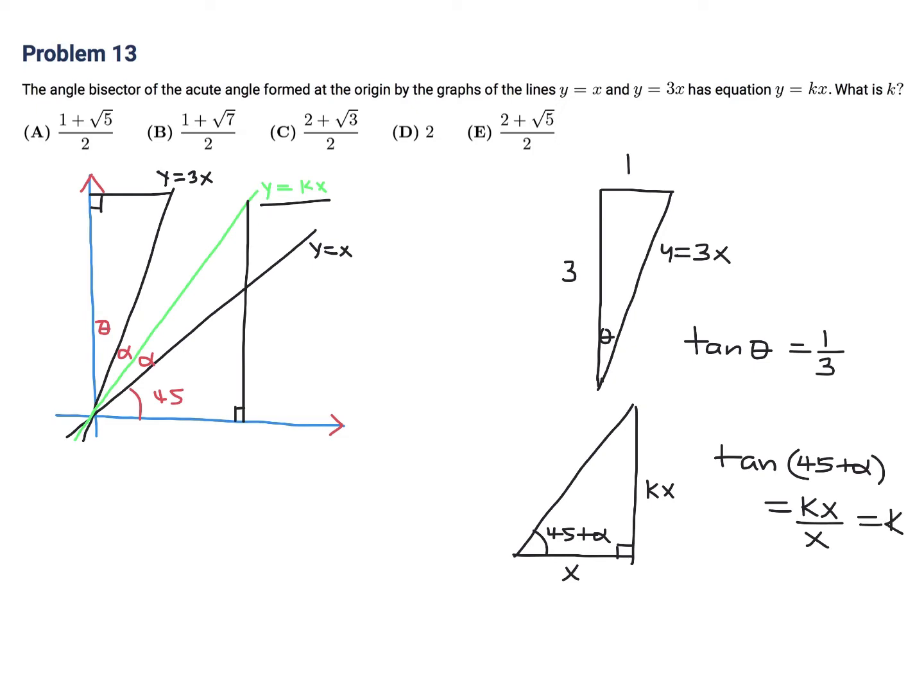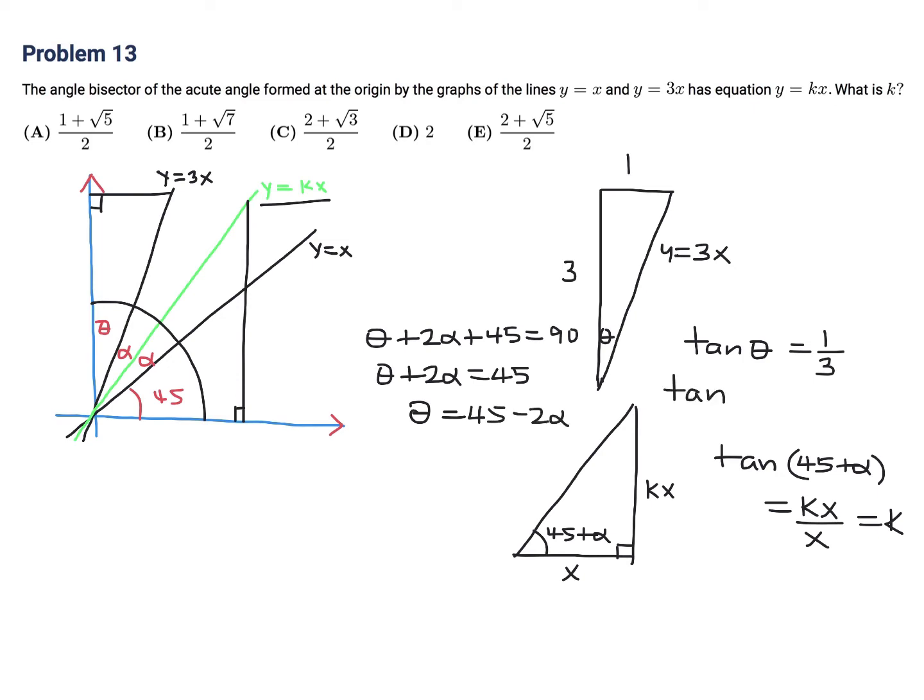Got it? Okay. Now, all of these angles add up to 90 degrees. So theta plus 2 alpha plus 45 is equal to 90. So theta plus 2 alpha is equal to 45, and therefore theta is equal to 45 minus 2 alpha. So I can substitute that in here.